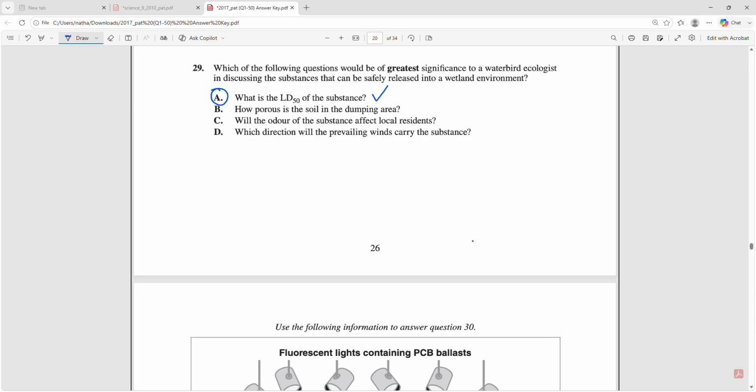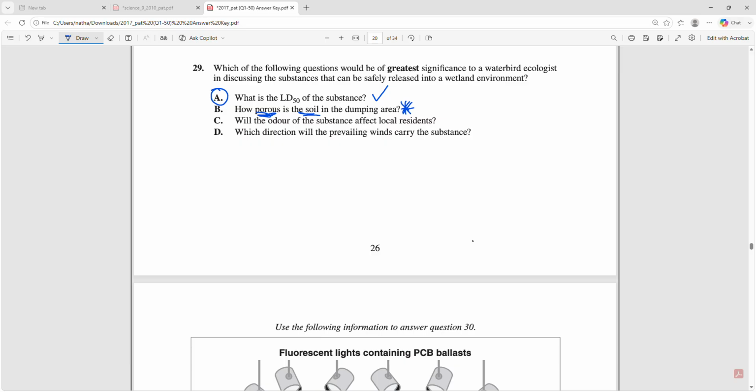Now, an interesting answer too is also this one: how porous the soils in the dumping area. That does matter, because if we do have a substance we don't release, we don't want it to have a porous soil, because if it does, it means that that can go through, right, when there's rain, that can go through and get into the water table.